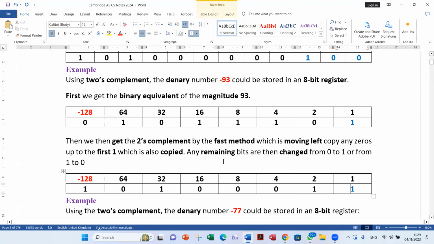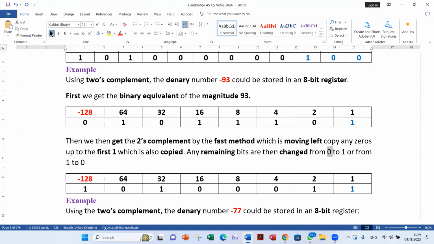So you copy the 1. Any remaining bits are changed from 0 to 1 and from 1 to 0. This is the fast method of finding the 2's complement, or the negative equivalent of a number.